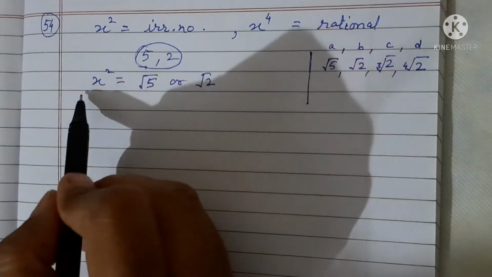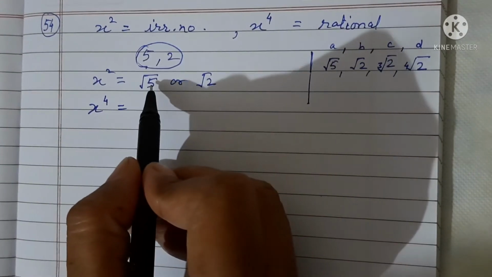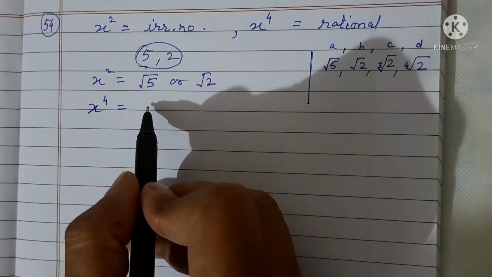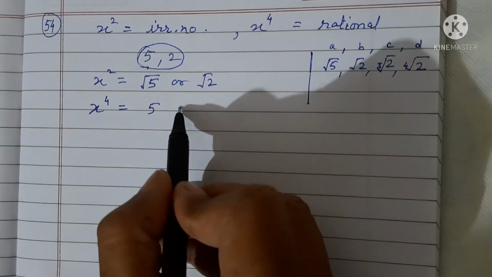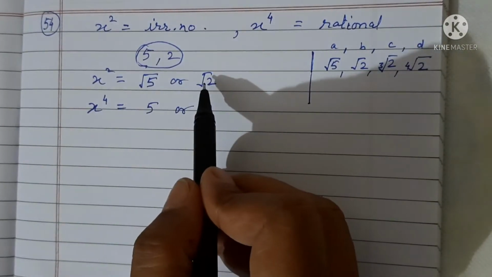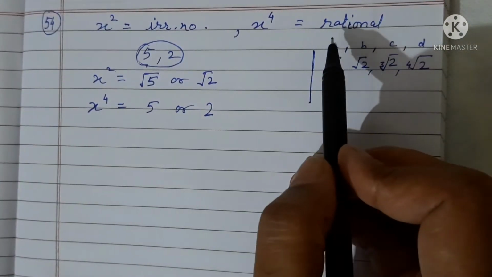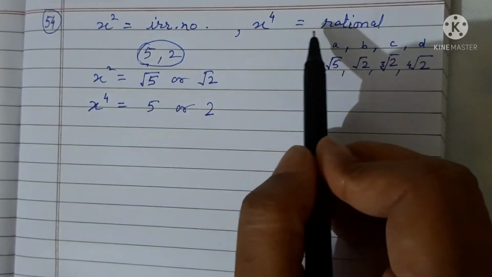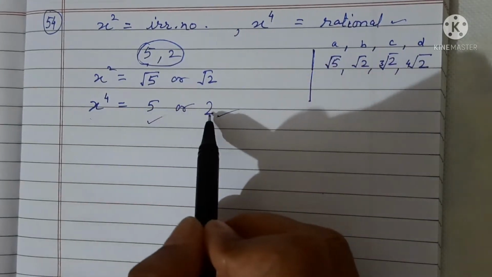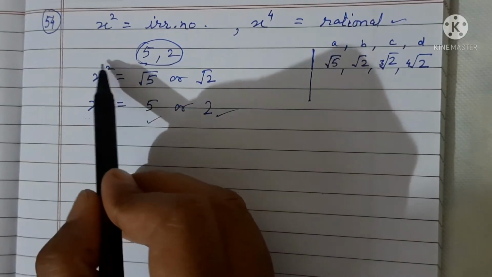Now squaring both sides, you will get x to the power of 4 is equal to root 5 squared, which is 5, and root 2 squared, which is 2, when you square these numbers. So these are rational. So here our conditions for the rational number are fulfilled when you square the irrational number.